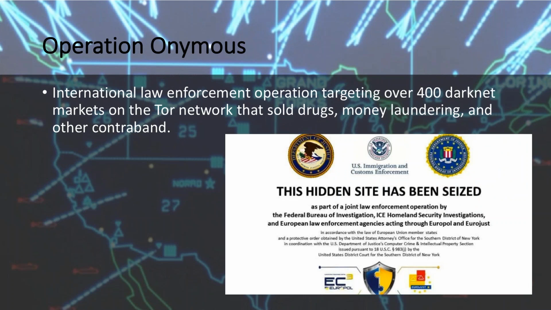The Silk Road was semi-part of an operation called Operation Anonymous, where the government eventually teamed up with other groups like the European Union and a couple of other places all over the world to find all these markets that sold drugs, money laundering, and other contraband. The way they did it was kind of unique.